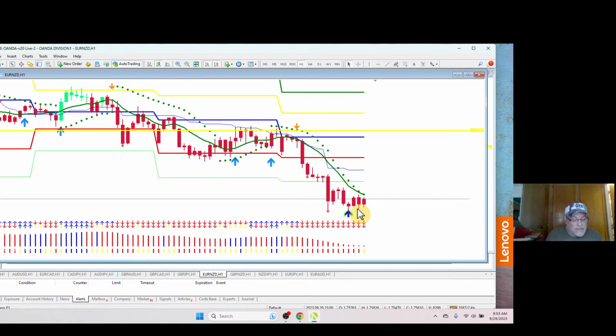Getting close on the Aussie dollar. It needs to go down 8 more pips. And then I'll make $15 on that. So it's going to wipe out the loss, and I'll have a positive day.